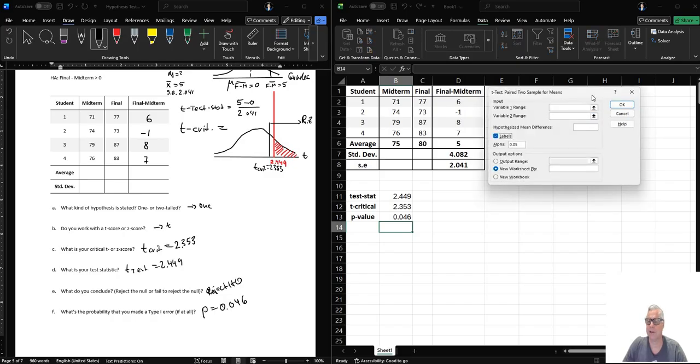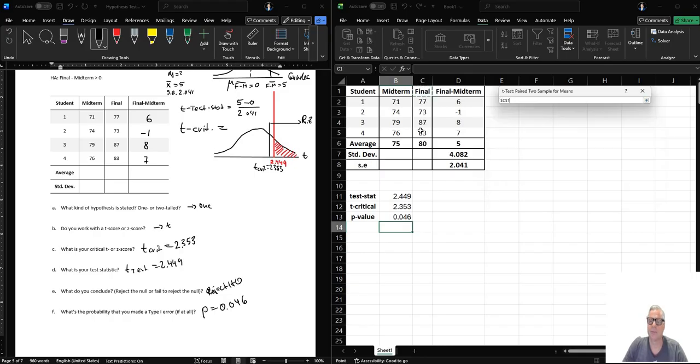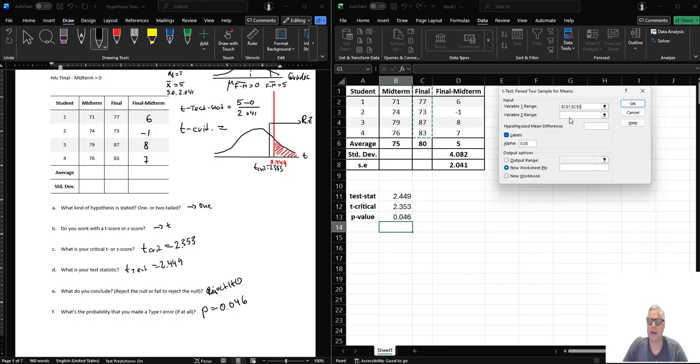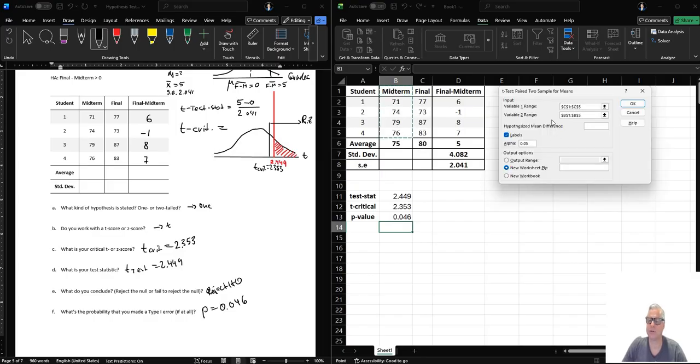My data will have labels, and I first highlight the data for the final, because Excel will then subtract the variable 2 range, that's the midterm, so this way I get a positive difference between final and midterm, which corresponds to the positive 5.